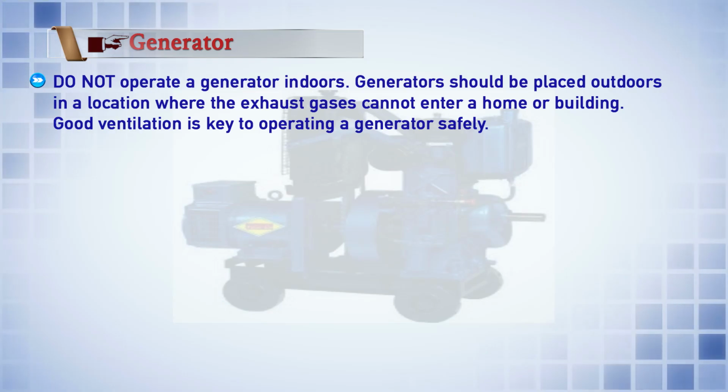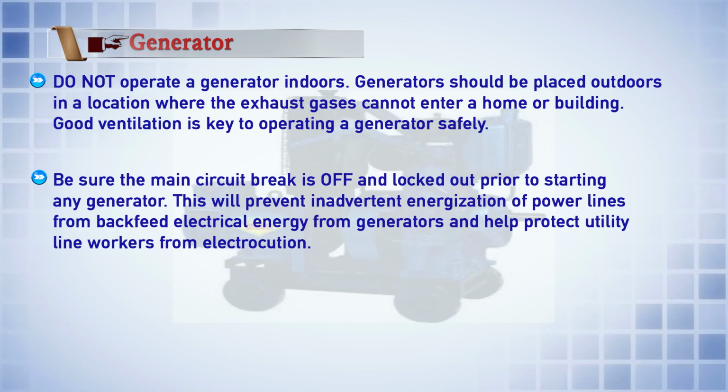Do not operate a generator indoors. The generator should be placed outdoors in a location where the exhaust gases cannot enter a home or a building. Good ventilation is the key to operating a generator safely. Next point: be sure the main circuit breaker is off and locked out prior to starting any generator.